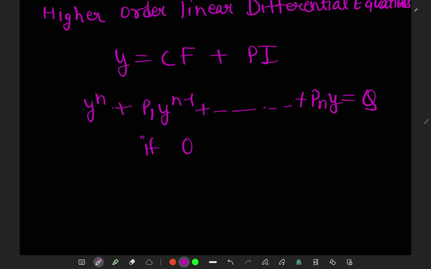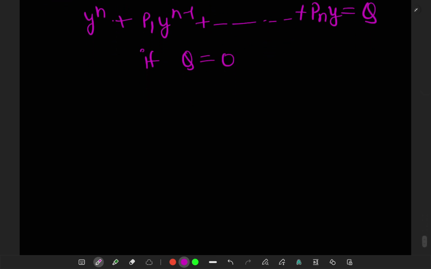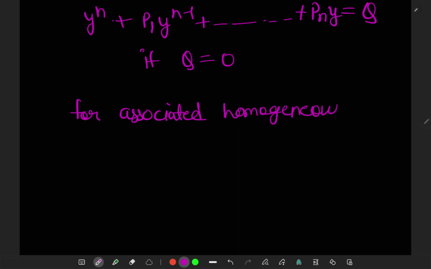If q is equal to 0, then this equation is called the associated homogeneous equation. For the associated homogeneous differential equation, we find only the complementary function.